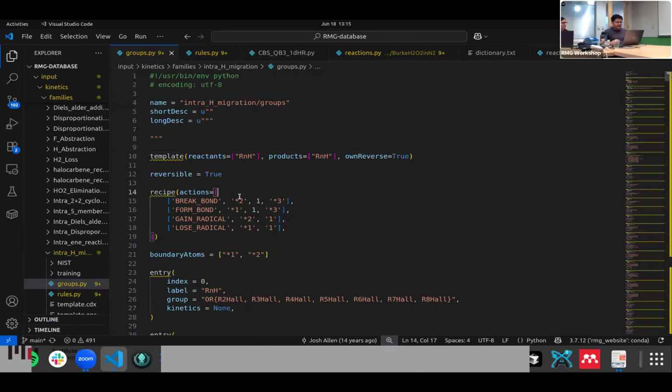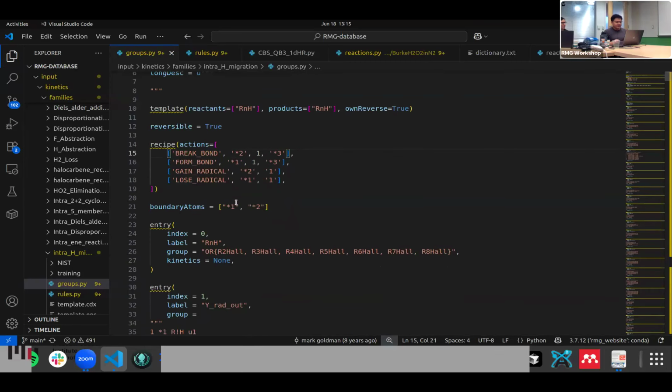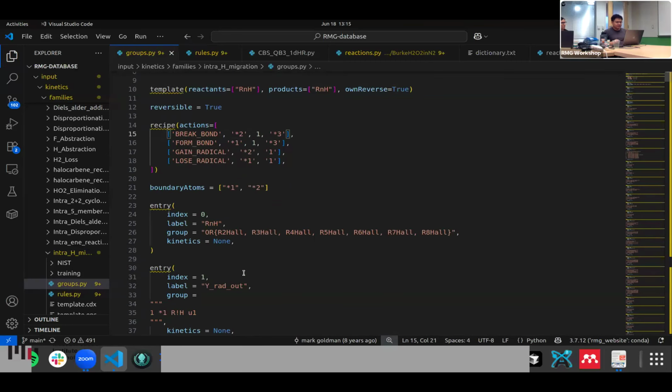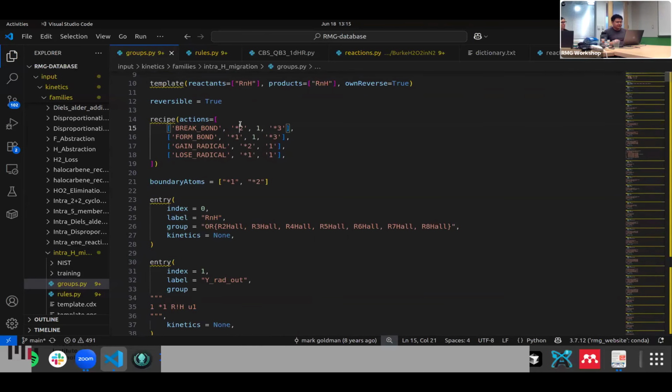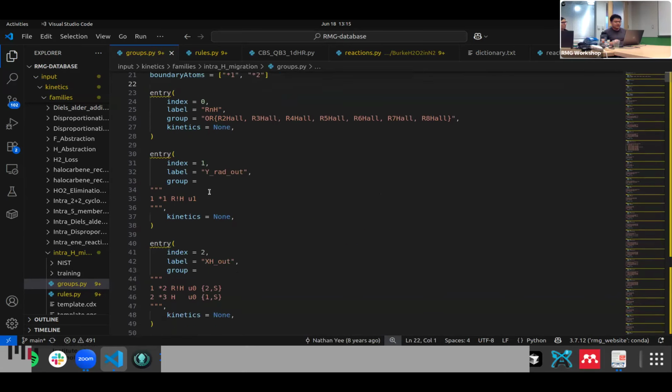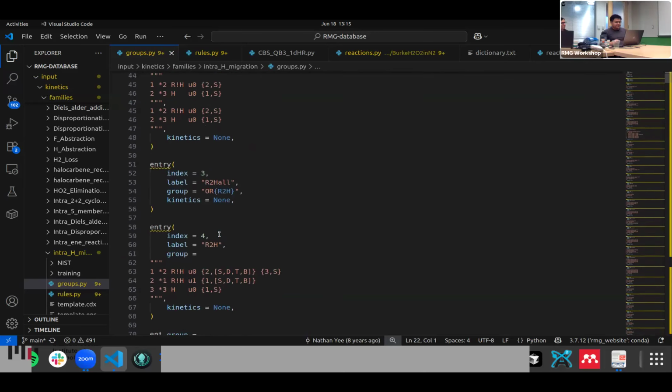So basically here, every reaction is going to have bond breaking at the 2 atom and then a bond with the 3 atom and then forming between the 1 and the 3 and so on. And you can define what the radicals are gained and so on. These basically define the nodes that are in the tree.